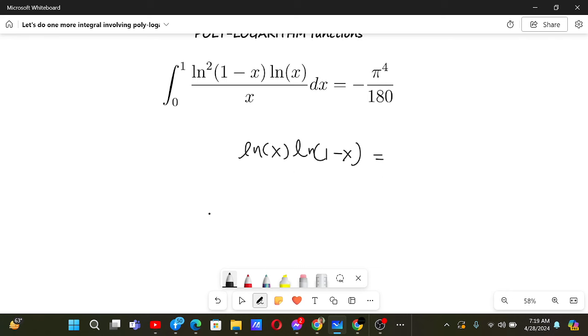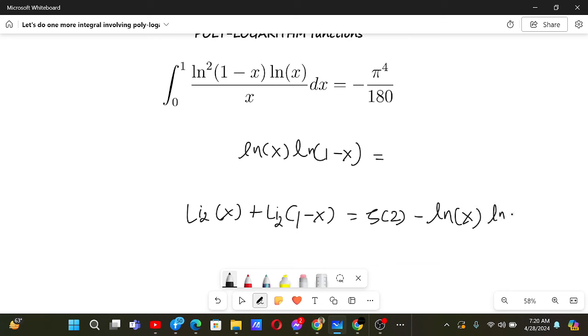We know that Li2(x) + Li2(1 - x) is zeta(2) minus ln x ln(1 - x). From here we can get an expression for ln x ln(1 - x), and then substitute zeta(2) minus these expressions.